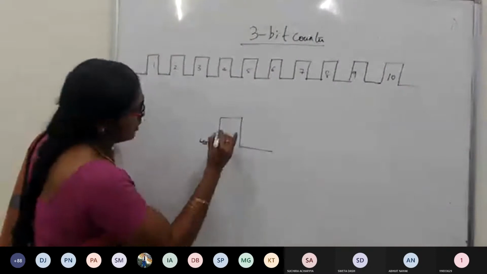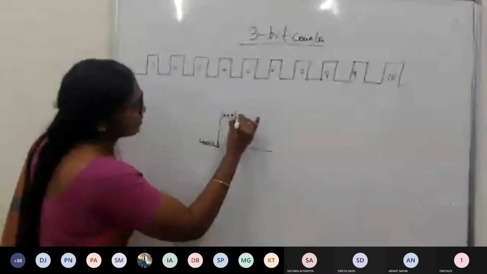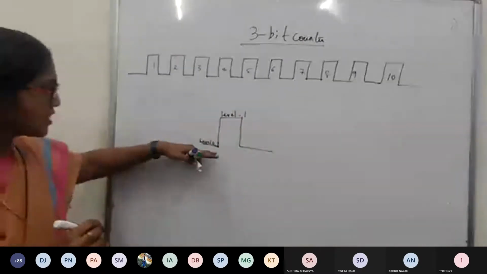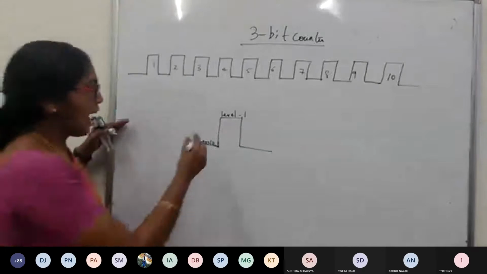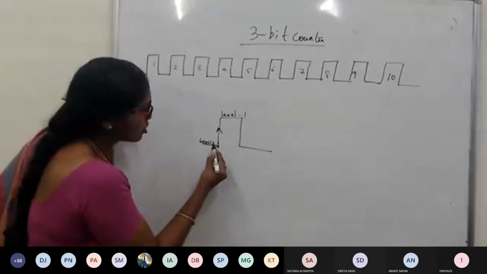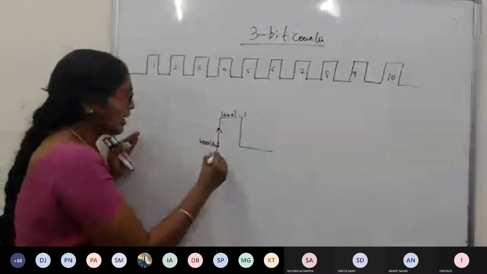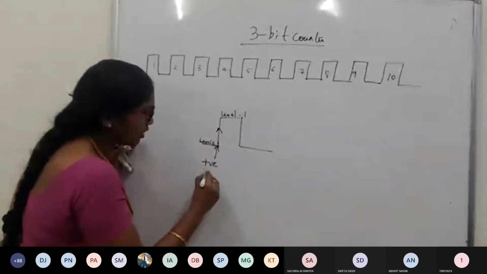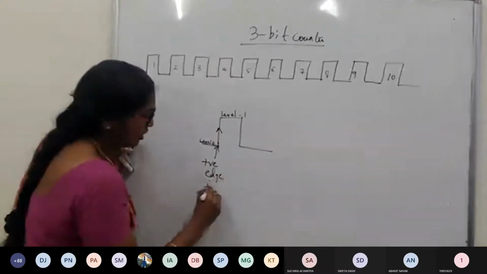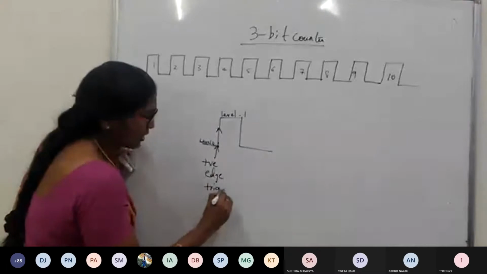Level 0, level 1. Is that correct? Can I say this is level 0 and this is level 1? And if the movement is from 0 to 1, that is a 0 to 1 transition, I can say it is a positive edge transition or trigger.